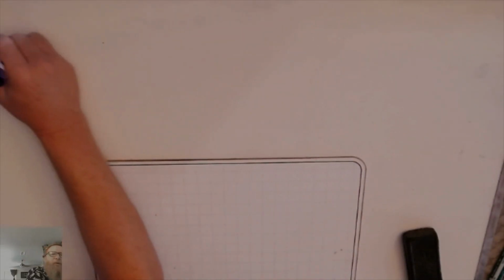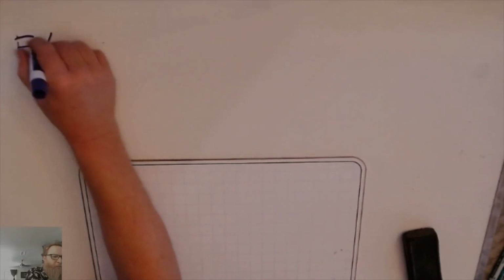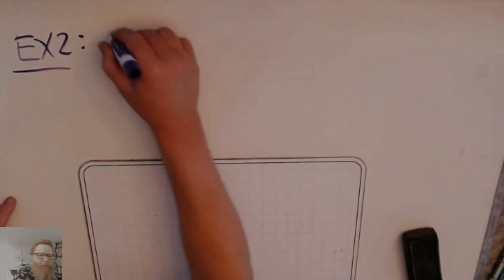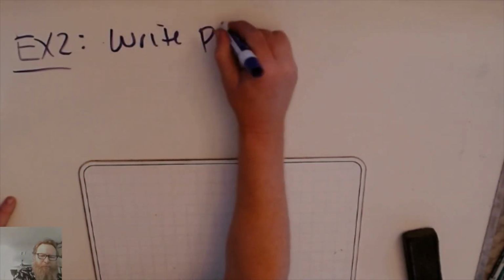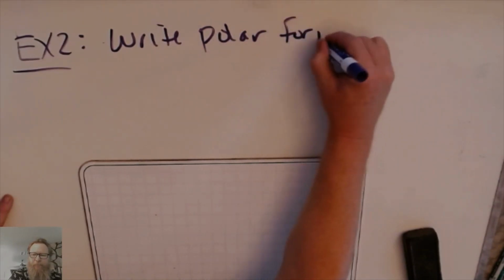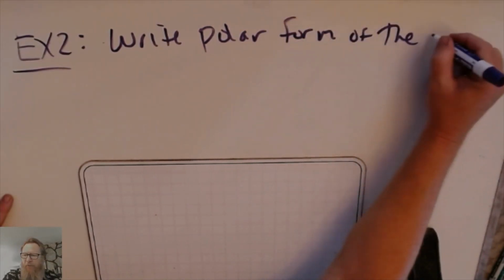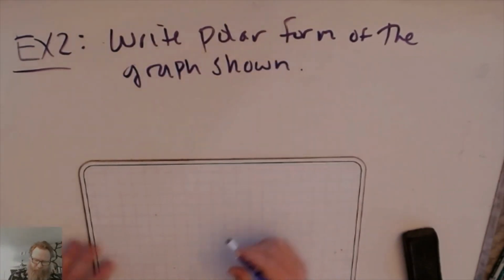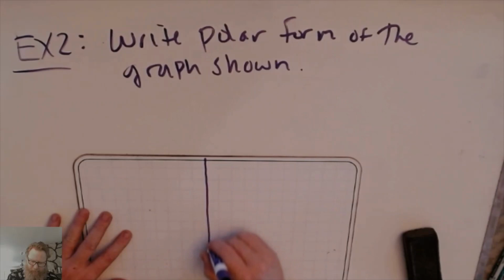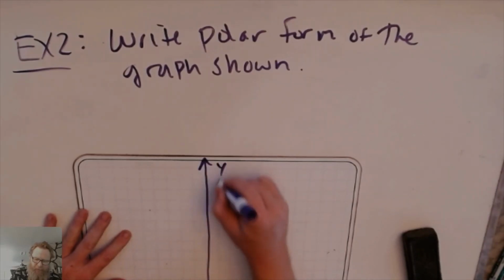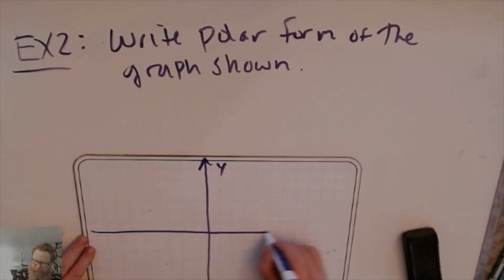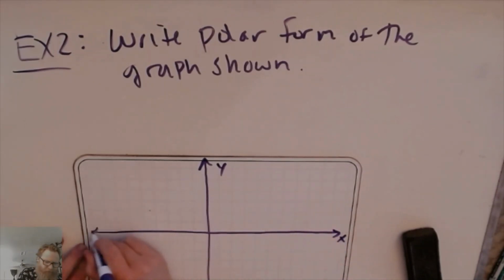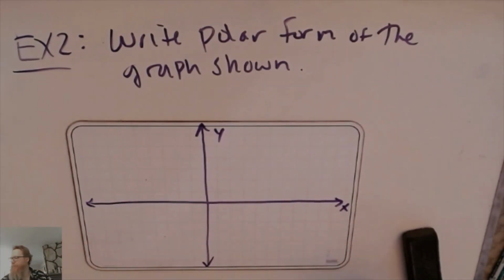So example 2, write the polar form of the graph shown. I'm using rectangular coordinates, and I'm going to make a graph.